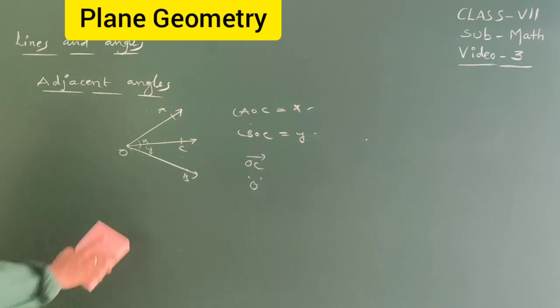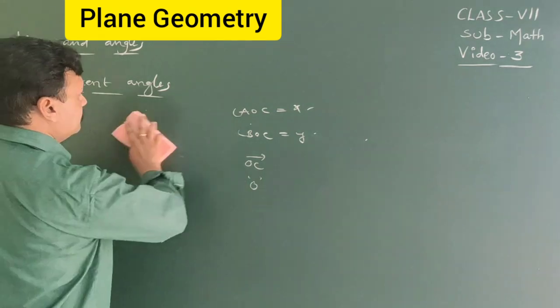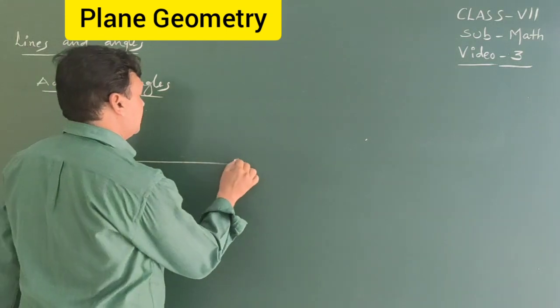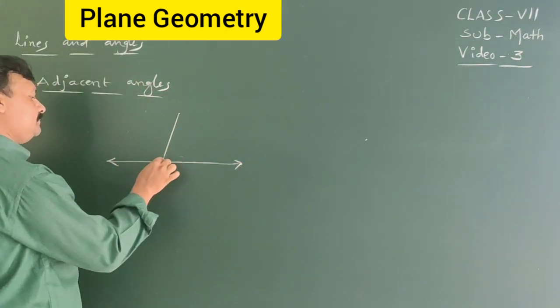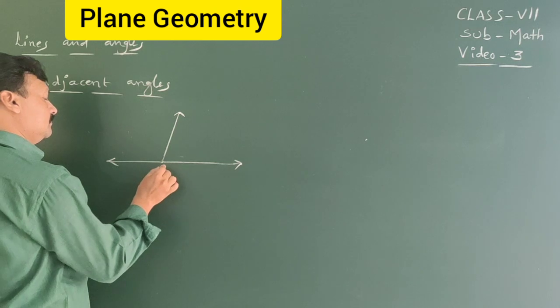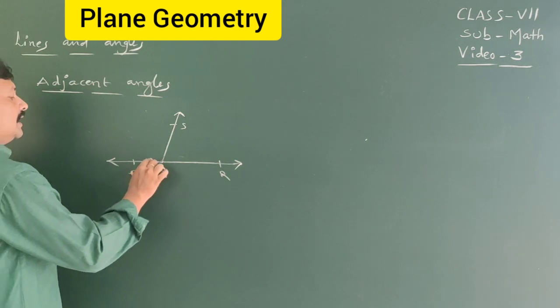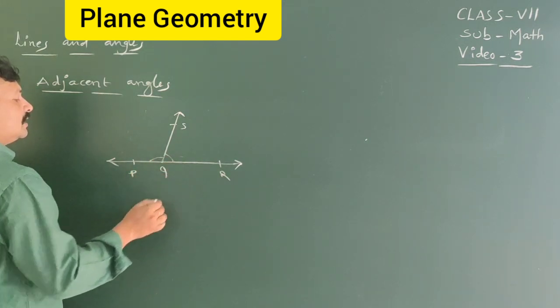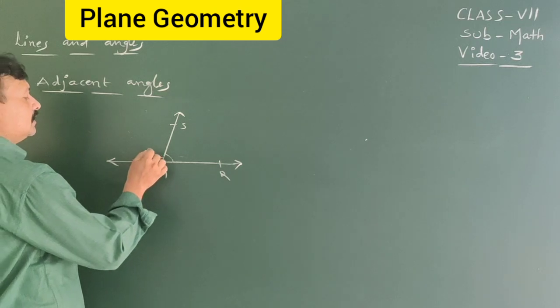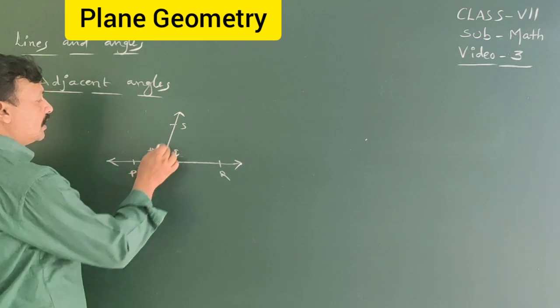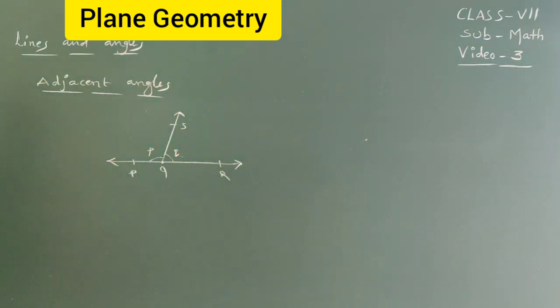Adjacent angles. Another way of adjacent angles. Angle PQS and angle RQS are adjacent because they have a common vertex Q and a common arm QS. So here P and Q are adjacent angles.